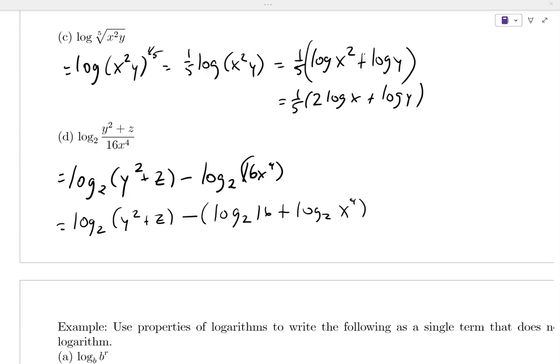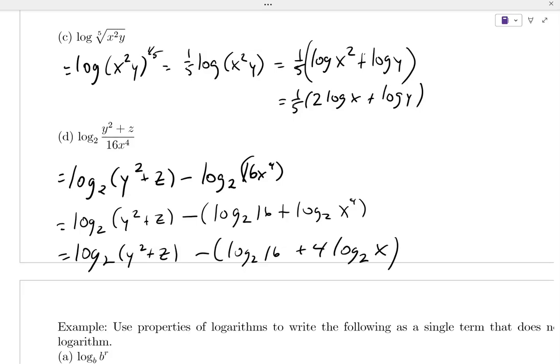All right, so again, we've got this product here, so we need to make sure we separate the multiplication. Then what can we do? Now you can put the 4 in front. Is that okay with everybody? There's one more thing we can do to simplify. Can we compute what log base 2 of 16 is?